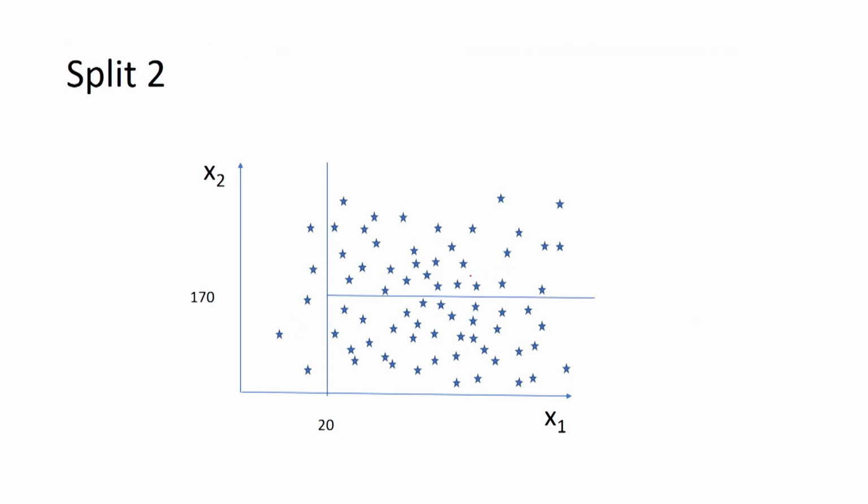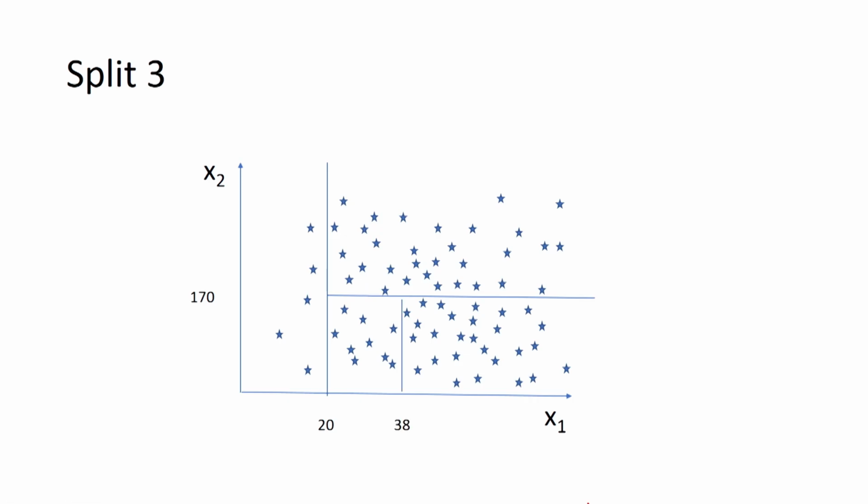Then again we will divide one of these subparts. Suppose this subpart is again divided into two parts by the rule x2 is less than or equal to 170 or x2 is greater than 170. Now the original data set is divided into three parts.